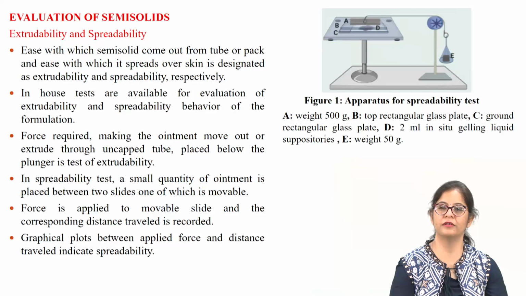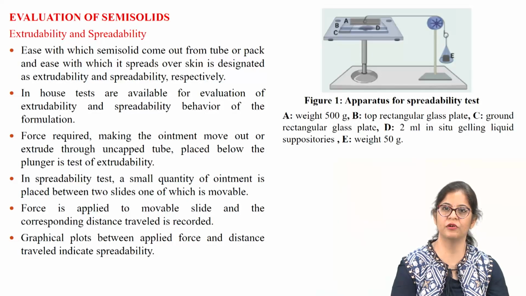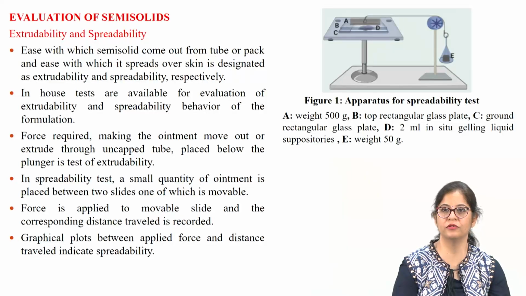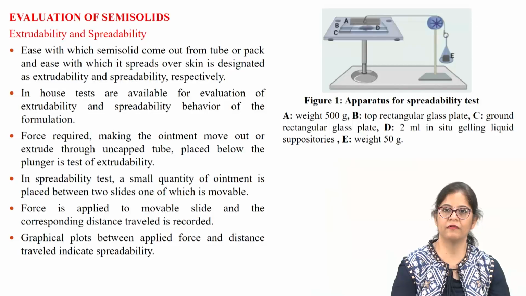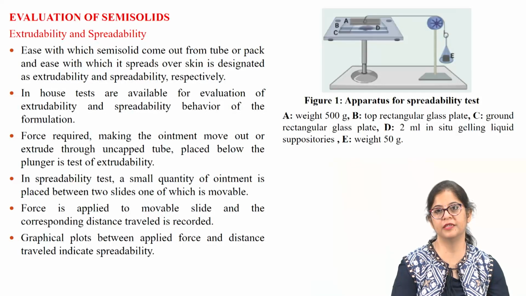The force required to make the ointment move out, or extrude, through the uncapped tube placed below the plunger is a test of extrudability. So, the force with which the ointment moves out from an uncapped tube gives the force required for extruding it. In the spreadability test, a small quantity of ointment is placed between two slides, one of which is movable.